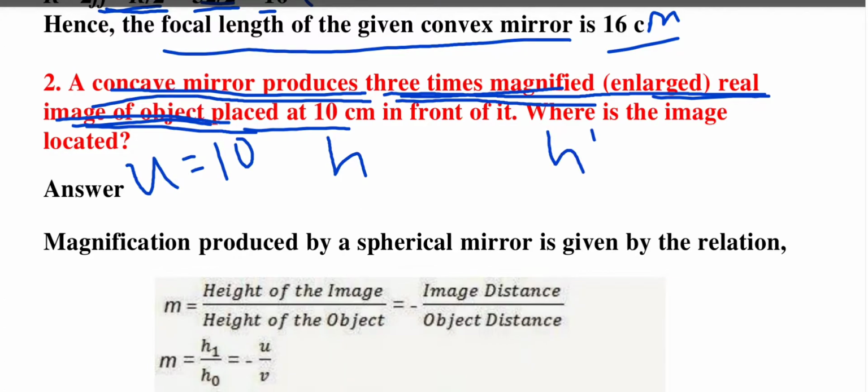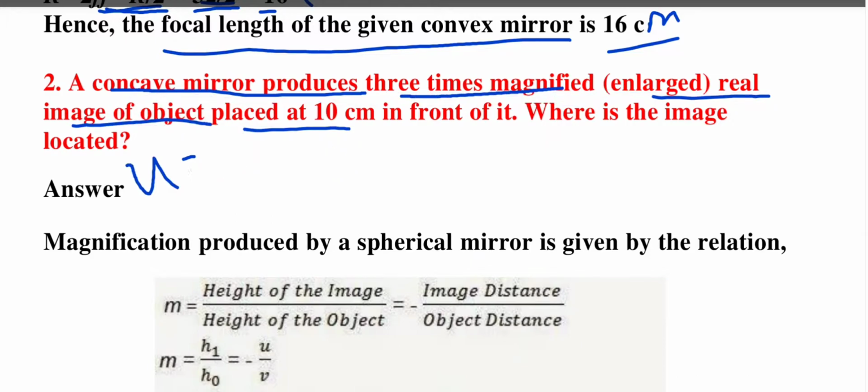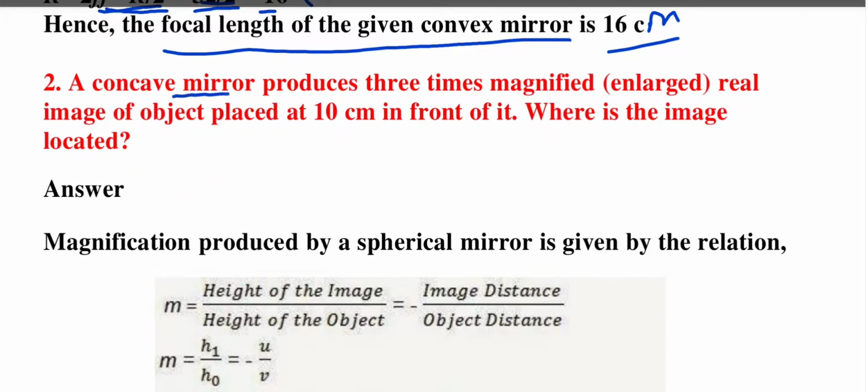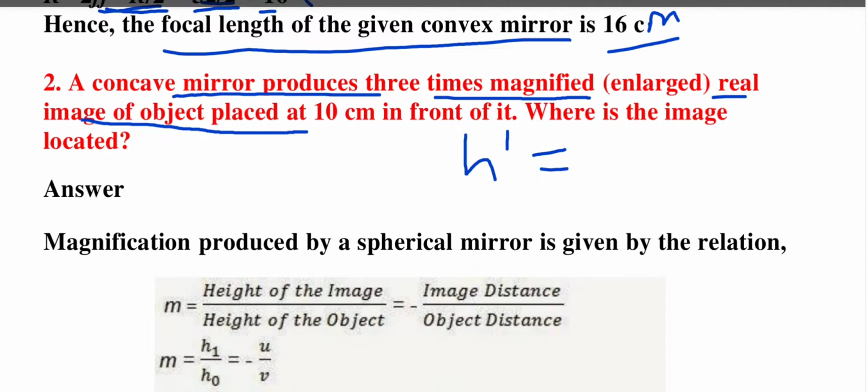So what they are saying is, a concave mirror produces a 3 times magnified real image of the object. That means the image height, or whatever the image size is, is 3 times the object.